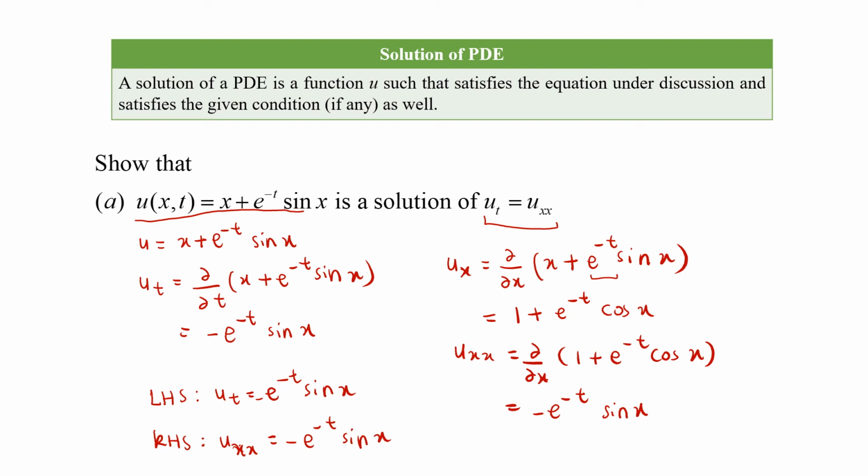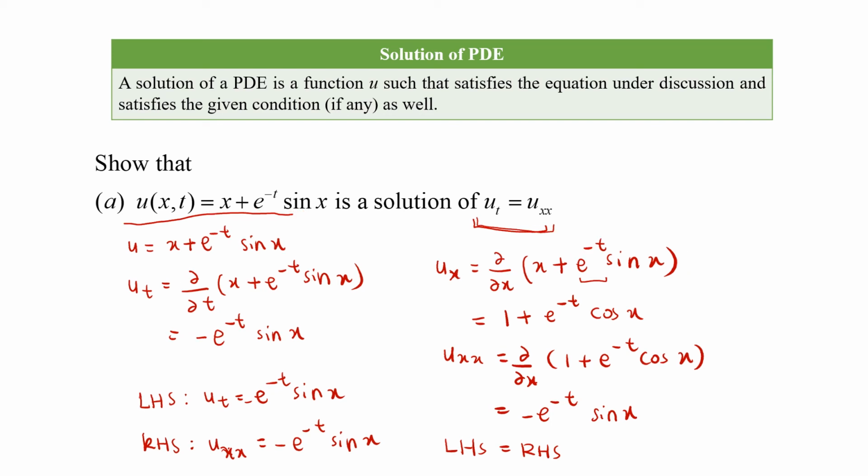This means that the left hand side is equal to the right hand side, so the function u is a solution of this equation. For this question, they gave you the solution of the PDE, and you have to show that this function is a solution of this equation.